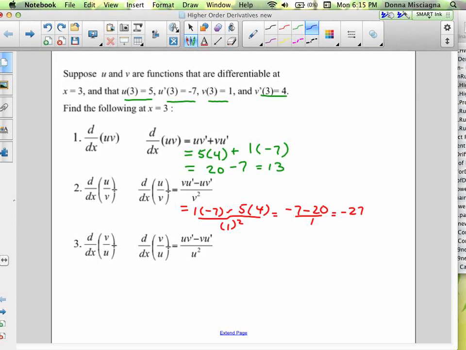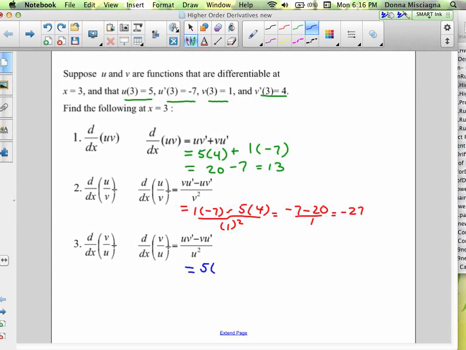And let's look at the last one. Here again we have a quotient. This time it's reversed. So v is the numerator and u is the denominator. So we have the denominator, which is now u. u of 3 is 5 times the derivative of the numerator.